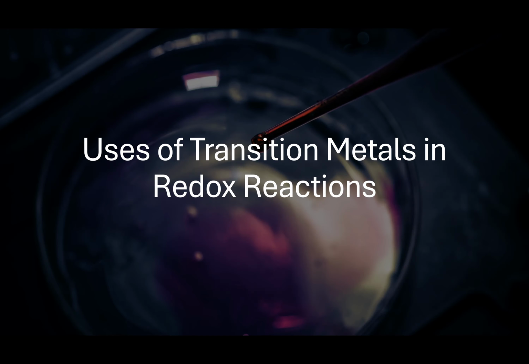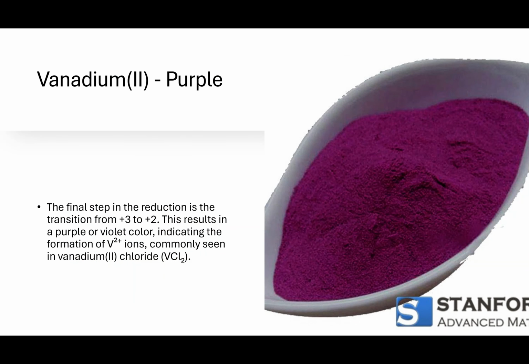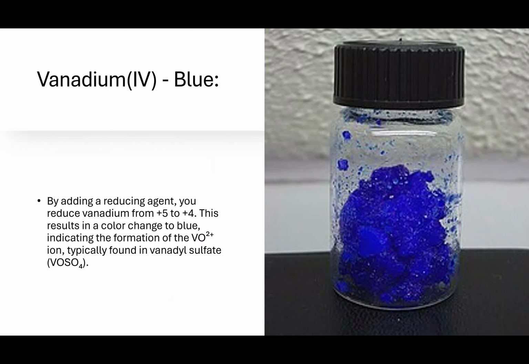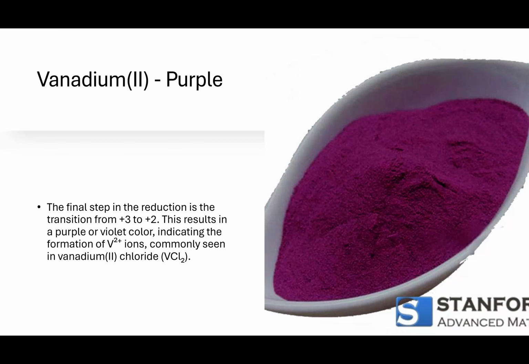So we're moving from +5, which is yellow, +4 is blue, +3 is green, +2 is purple. Those are the different oxidation states of vanadium and the colors they produce.